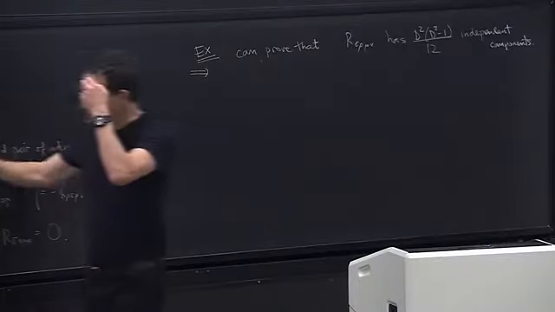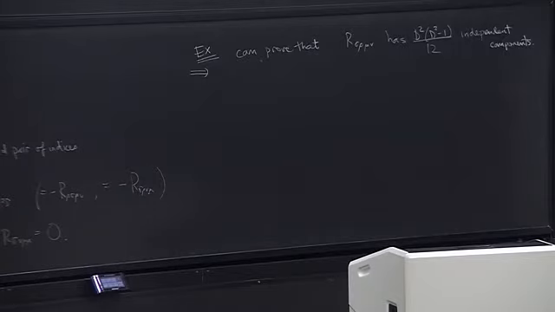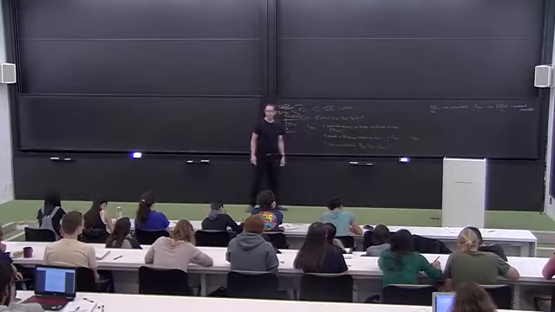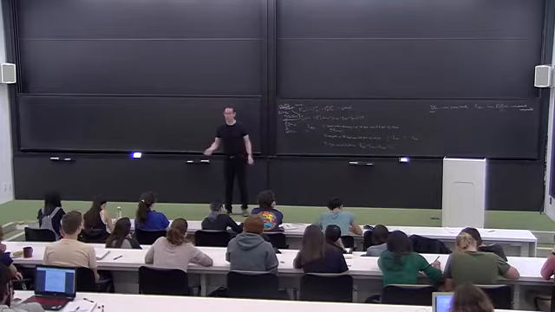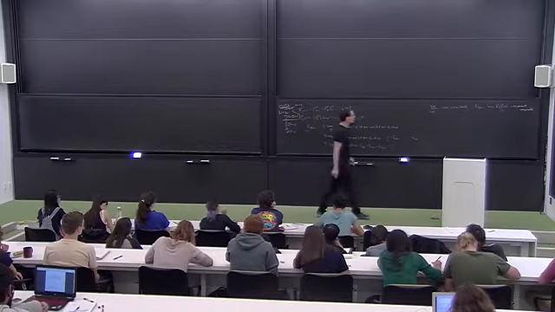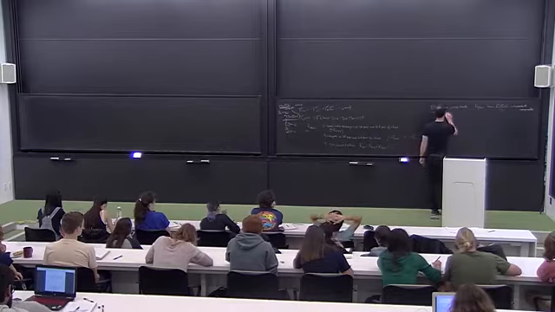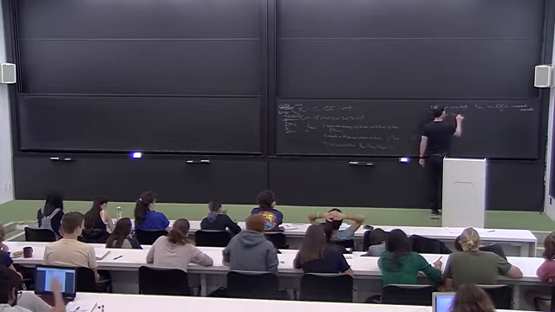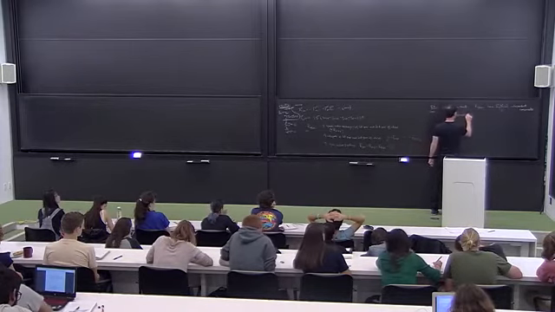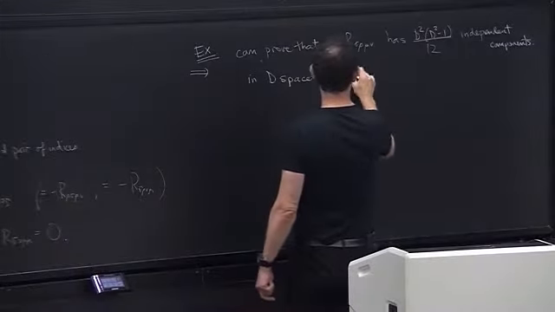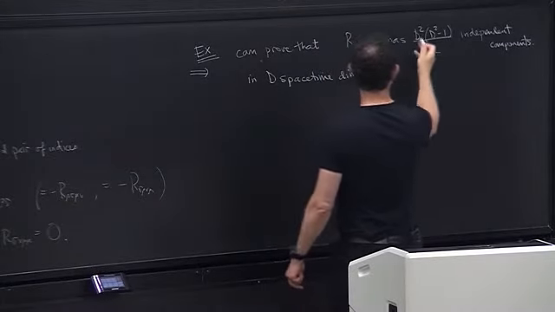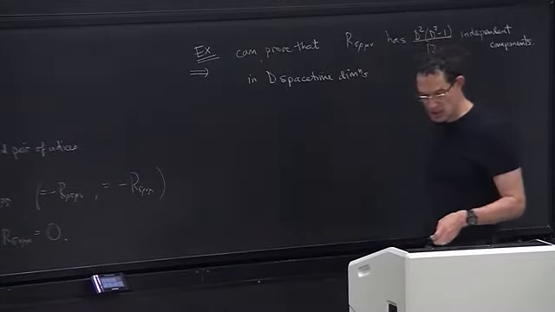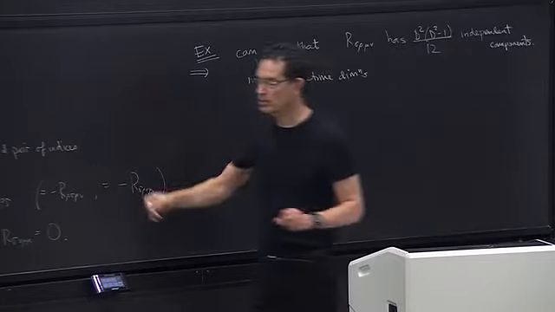Okay, so a tensor with these symmetries, naively, would have d to the fourth components in d dimensions. It doesn't have d to the fourth, it has much less than that because of these symmetries.